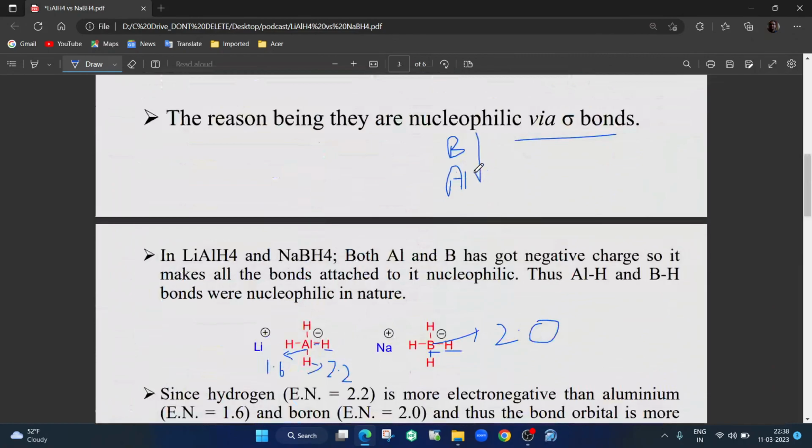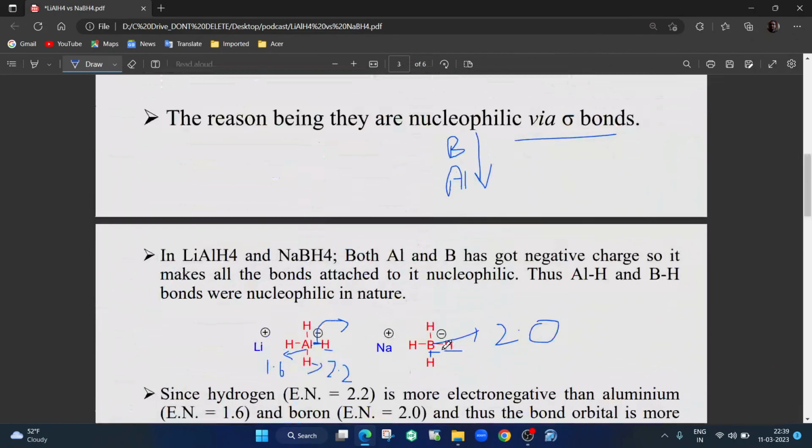When we go down the group, electronegativity reduces, or you can say electropositivity increases. Aluminum is much more electropositive than boron, and therefore gives away all the electrons to hydrogen, and this sigma bond becomes much more nucleophilic, and therefore they are able to attack all the carbonyl groups of the aldehyde, ketone, acid and acid derivatives, even amides, esters will reduce.